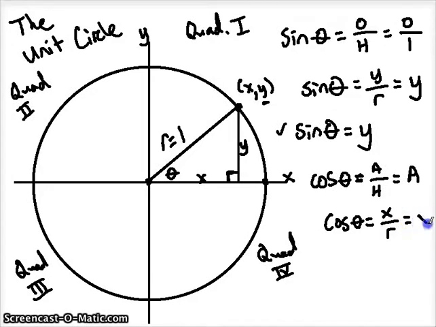And since r is 1, the cosine of the angle is just the x value, the x length of the triangle, or the x value of the coordinate intersected at that spot. And so we say the cosine on a unit circle is equivalent to our x value.